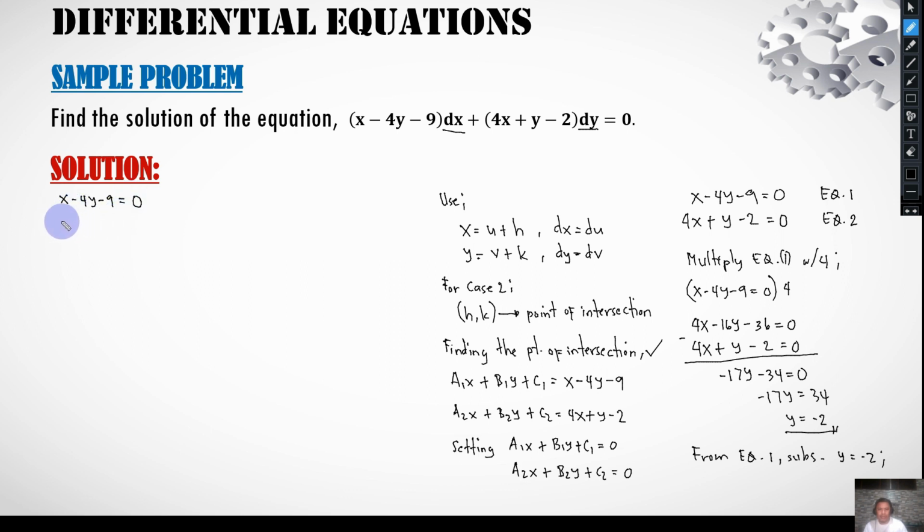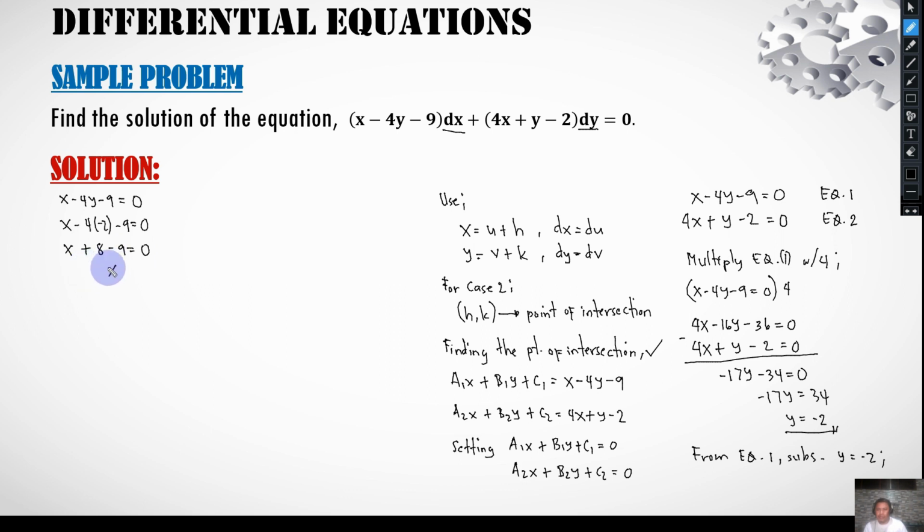So y is negative 2, no? So x minus 4 times negative 2 minus 9 is equal to 0. So we have now x plus, negative times negative, so this is positive now. So plus 8 minus 9 is equal to 0.